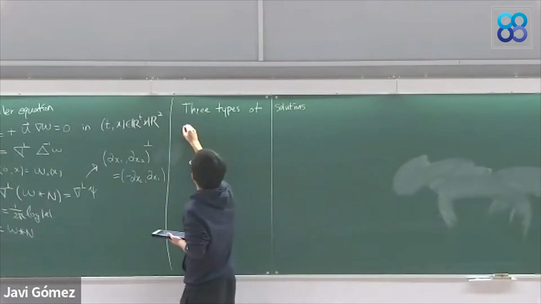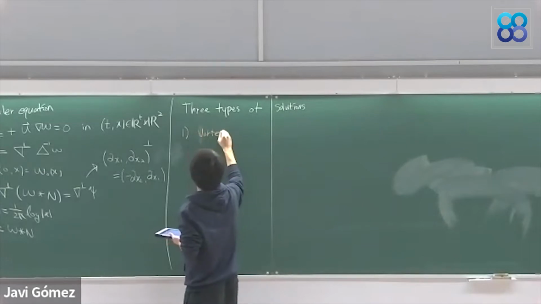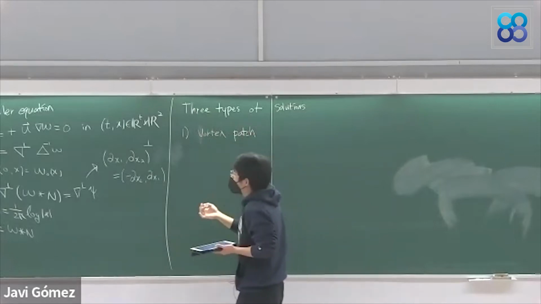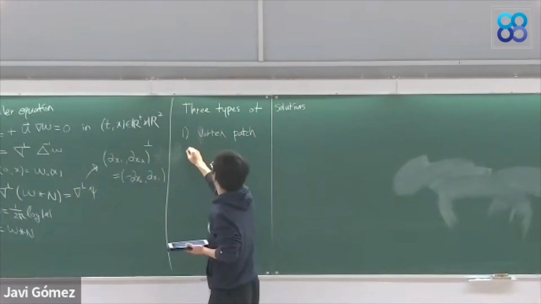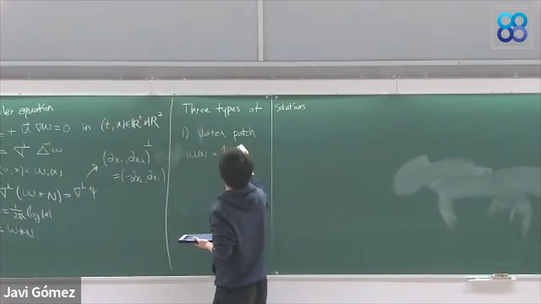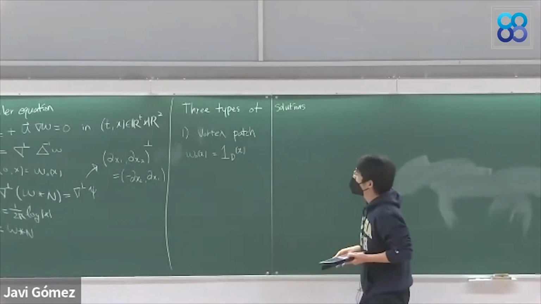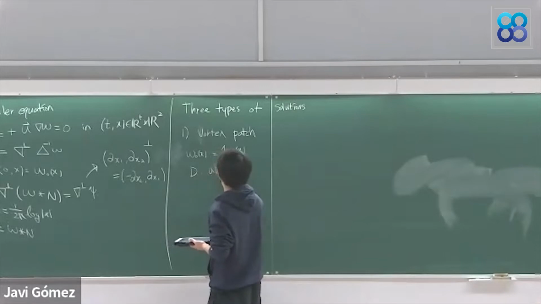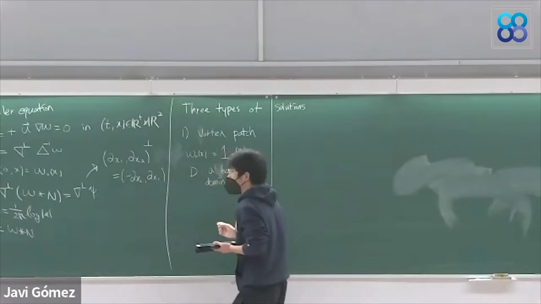The first one is what is called a vortex patch. Imagine your initial data is a characteristic function defined on a certain domain D. Of course, we consider D a bounded domain in R2.